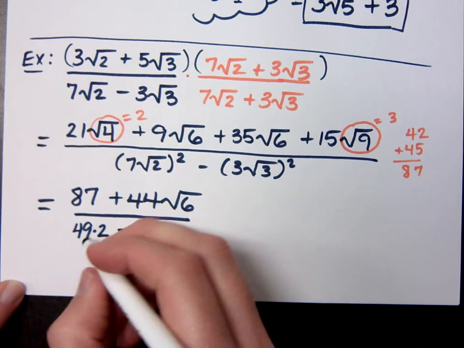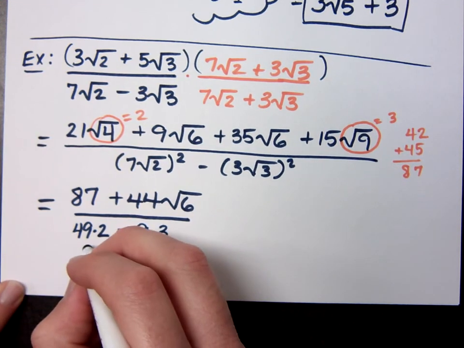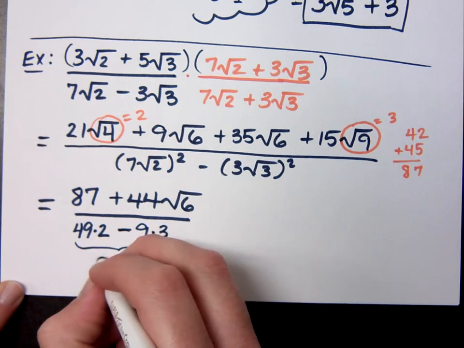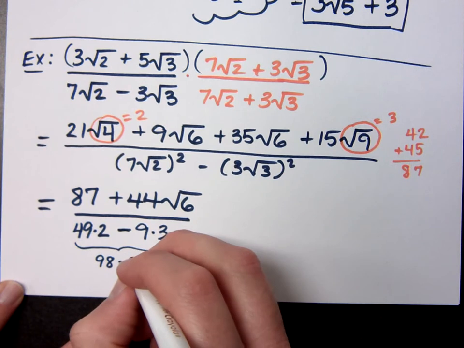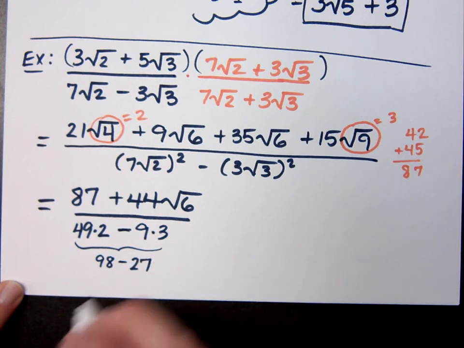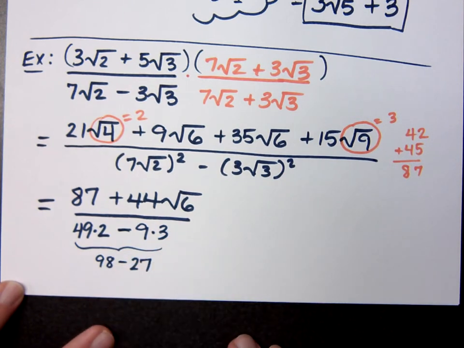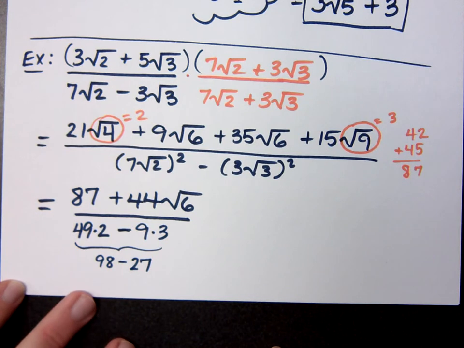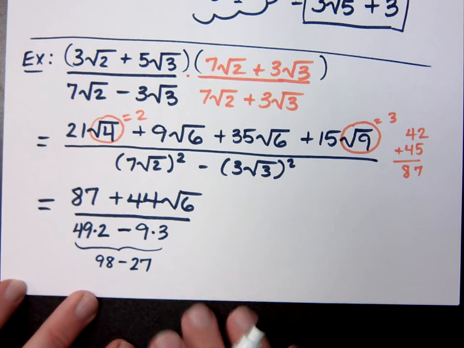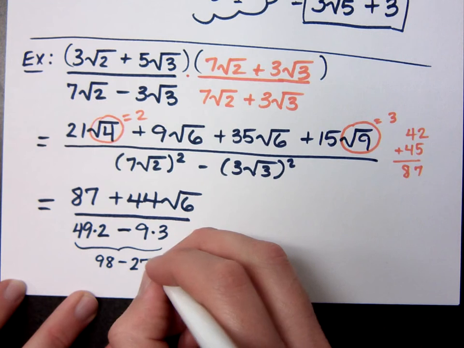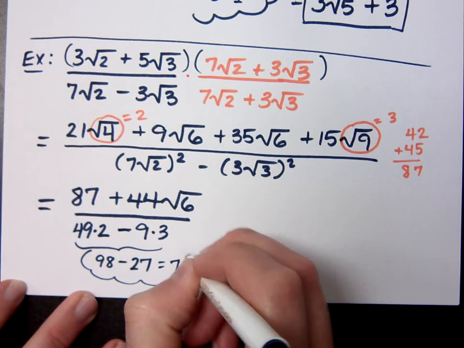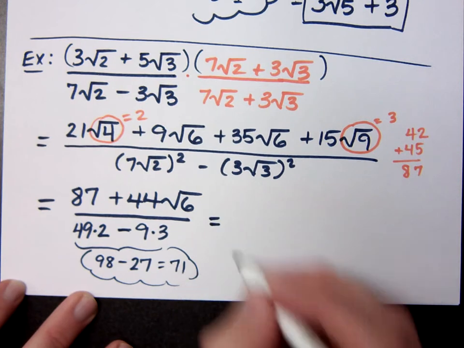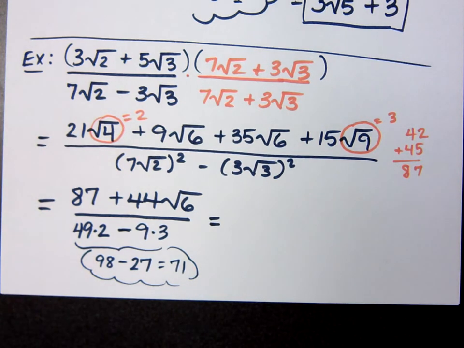So what is this stuff down here? 98 plus 27? Nope. 98 minus 27 is the difference of squares. So what's 98 minus 27? Right, so this is my little thought bubble for what this denominator becomes. So my whole denominator is 71, right?